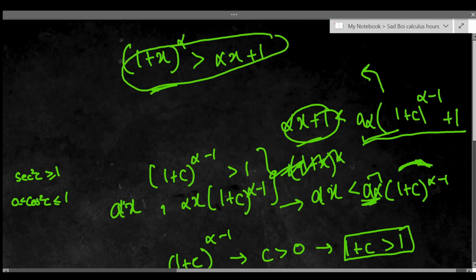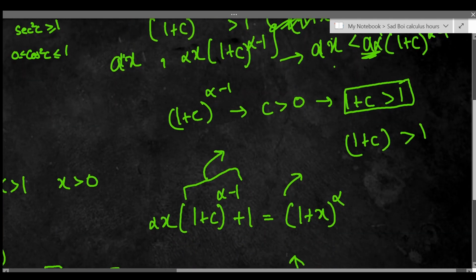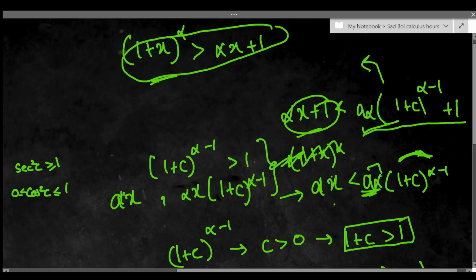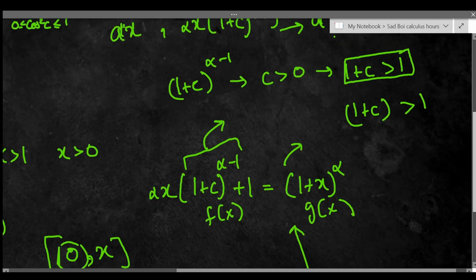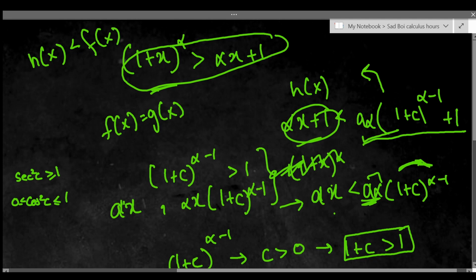To write it simply, we say consider this function as f of x, this as g of x, and this as h of x. We know that f of x equals g of x. We also know that h of x is less than f of x.